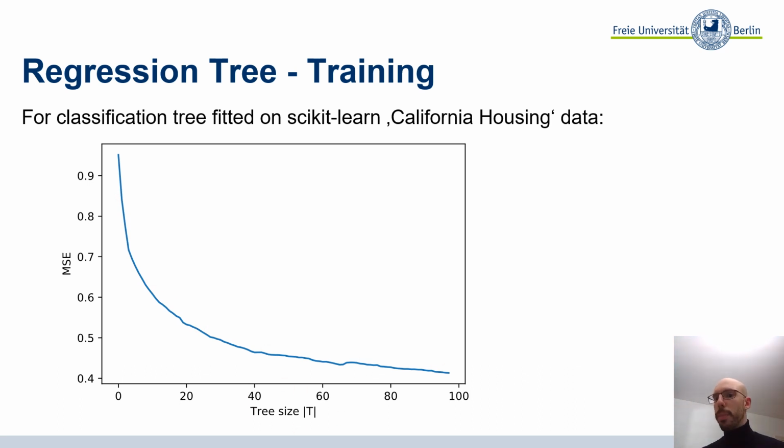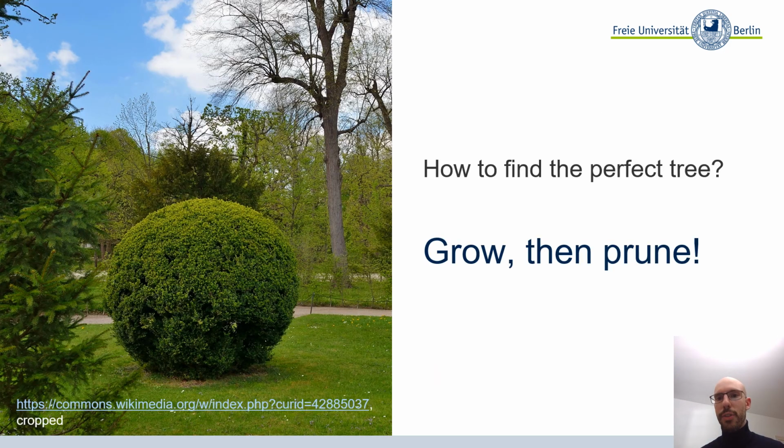So this is a good property, but again, we need to decide which tree size is reasonable to choose for our model. So one thing we could do is we could do cross-validation or just normal validation and look where the validation loss starts becoming worse when we increase our size t.